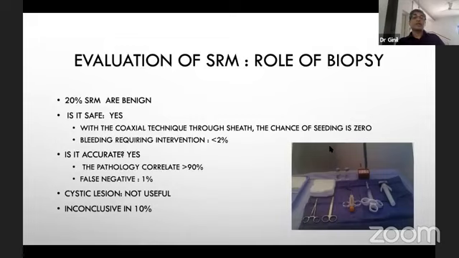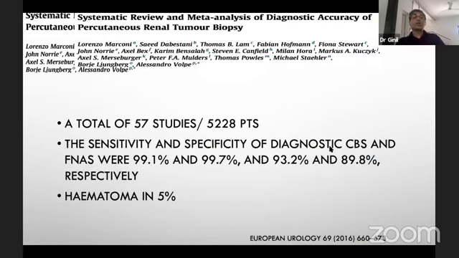When there is a cystic lesion, it may not be useful, and in the majority of the cases, it is not going to alter the outcome. As you know, in the largest study, you can see that the accuracy is very good.